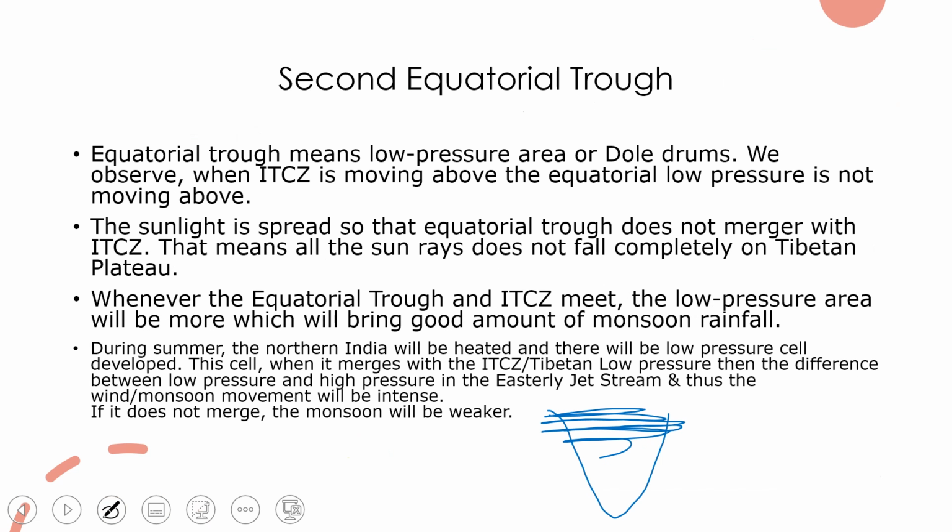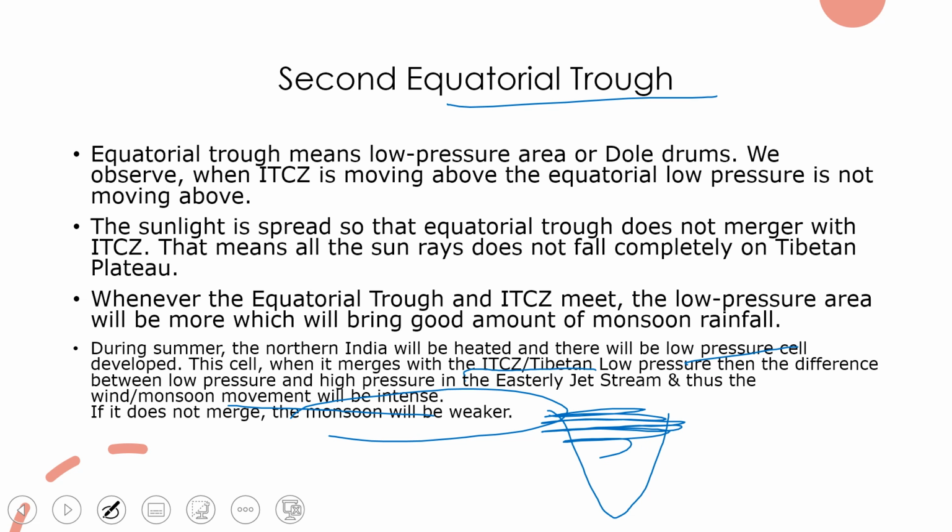That's what it is saying, that when the ITCZ or Tibetan low pressure merges with the Indian low pressure, then you will get a very good monsoon intake, and if it does not, the monsoon will be weaker. Okay, so this equatorial trough means the low pressure area or the doldrums.